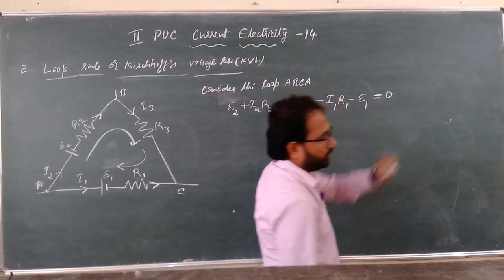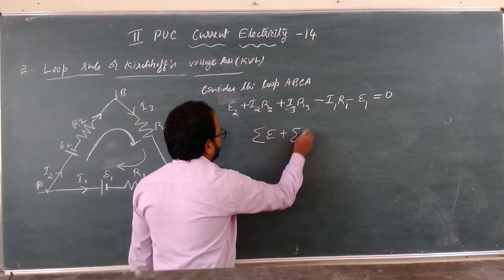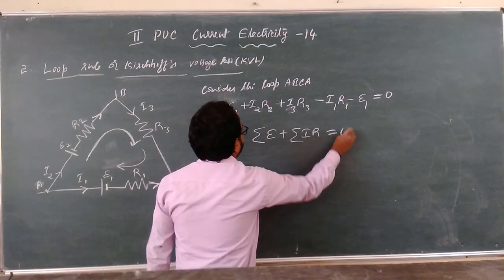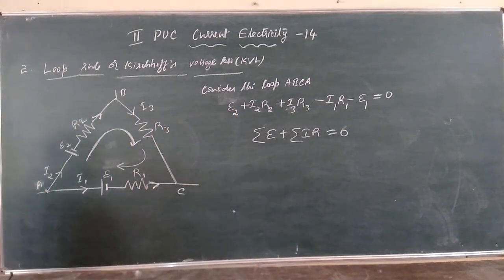You have to equate it to 0. It is the summation of all E and IR products is 0. So this is about the loop rule, or Kirchhoff's voltage law.